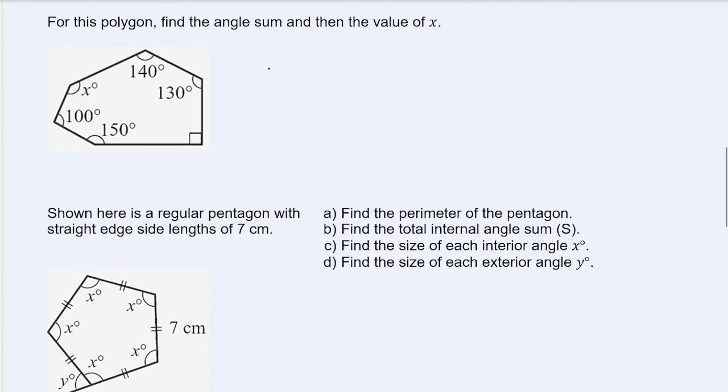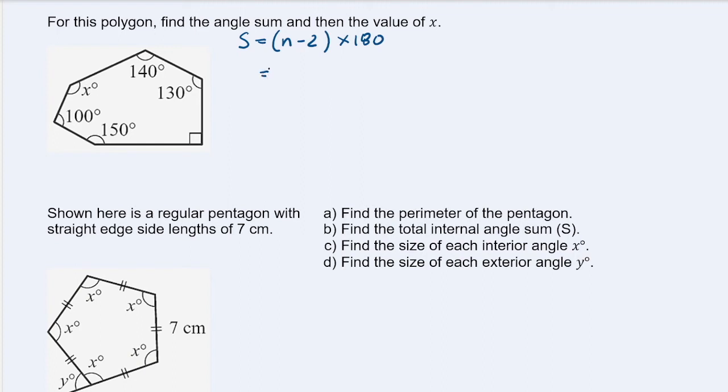Okay, for this polygon here, our top polygon, we want to find the angle sum, and then we want to find the value of x. So we already know one part of it. We know that the angle sum is based off this formula, s equals n minus 2 times 180. And now we substitute in what we know for that.